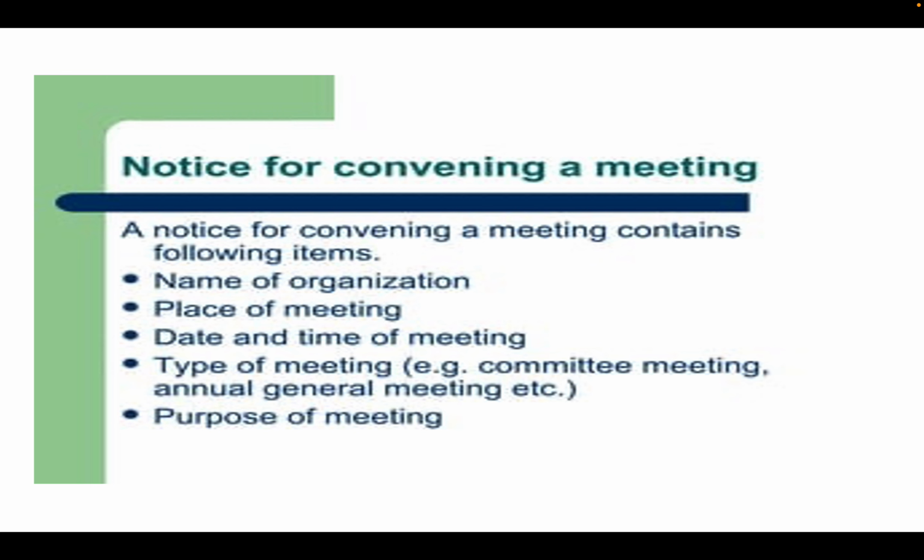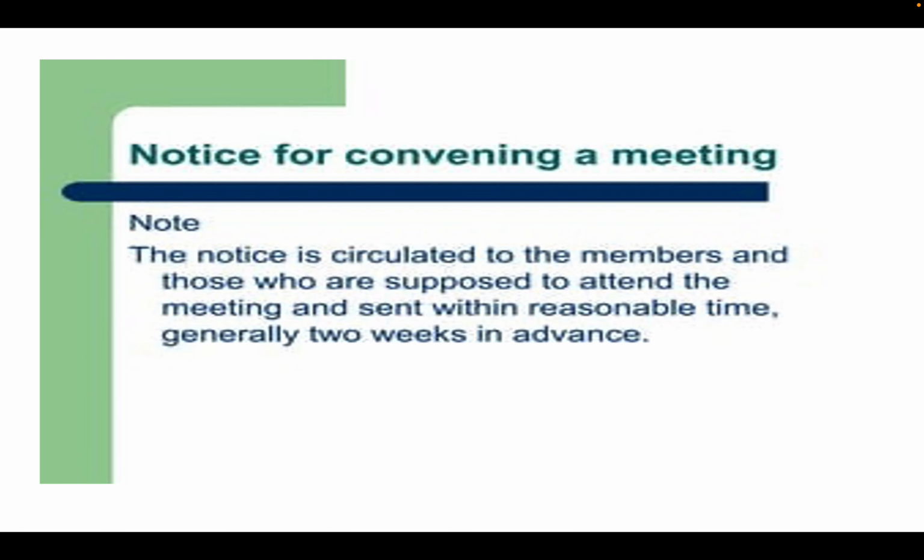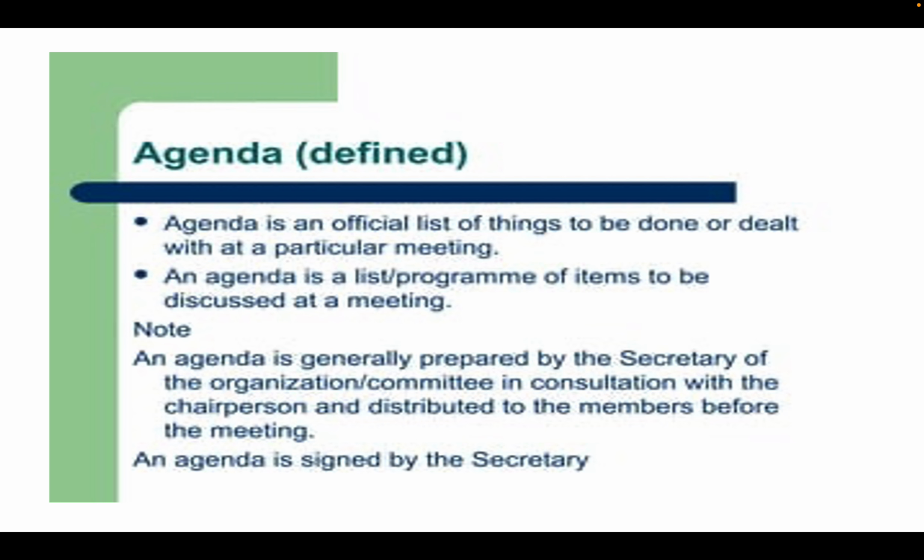All these details should be there in the notice. The notice is circulated to the members and those who are supposed to attend the meeting, and sent within a reasonable time, generally 2 weeks in advance.